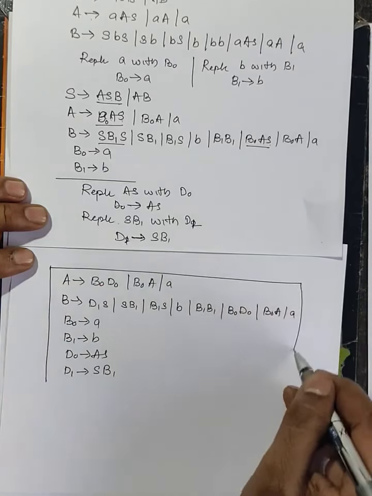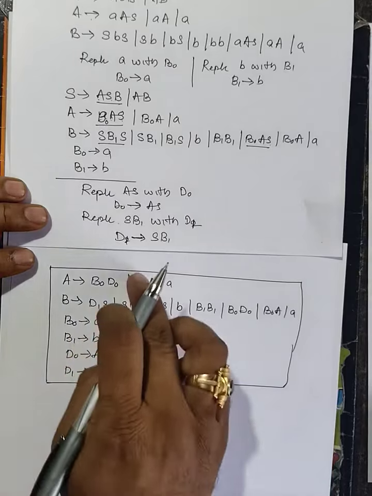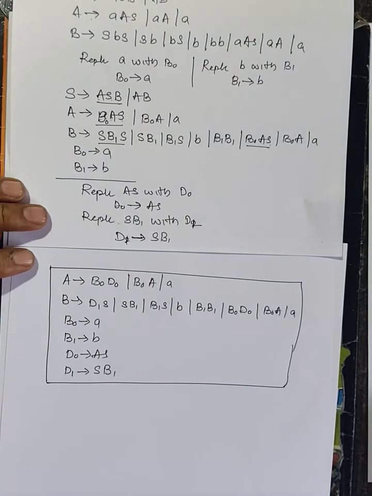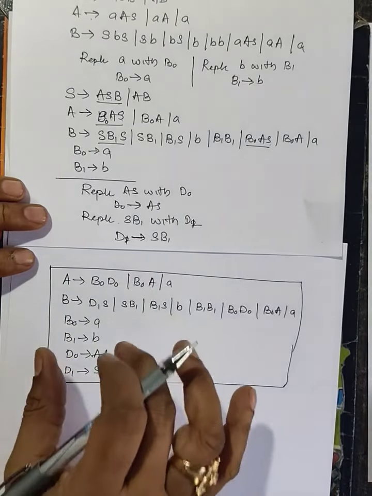This grammar is in CNF. Right hand side of the production, either 2 or 1 symbol. Such production is called CNF.